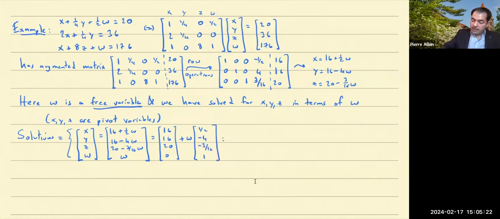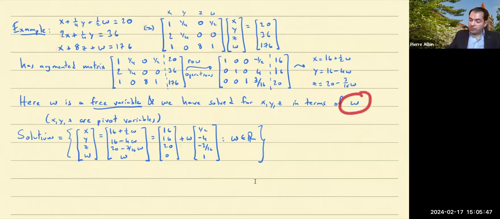Right? And here w is free, so w is allowed to be any real number. And this gives us all of the solutions, right? You pick any real number for w, and you can plug that into here, and you'll get a solution to this matrix vector equation, or equivalently to this system of linear equations, right?